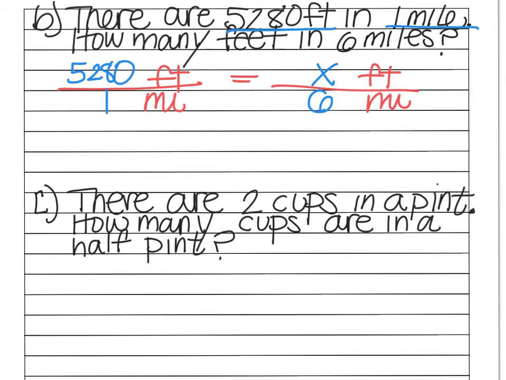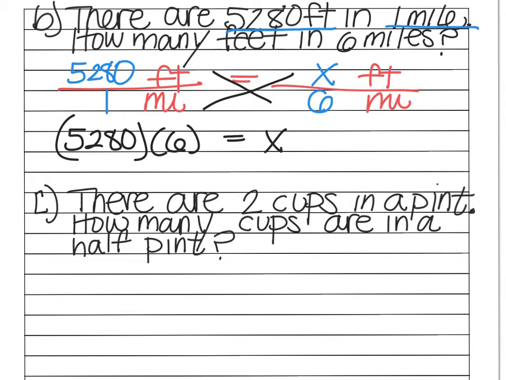And now my second step is to go ahead and use our cross product rule or cross multiply. So I'm going to have 5,280 times 6 equals 1 times x. So I just have x. 5,280 times 6 is 31,680.